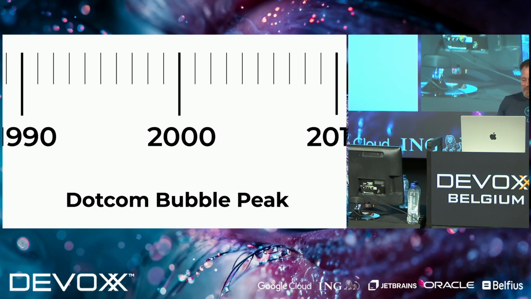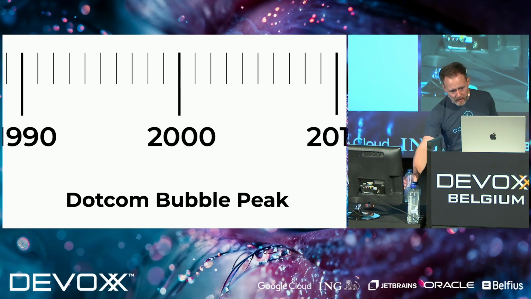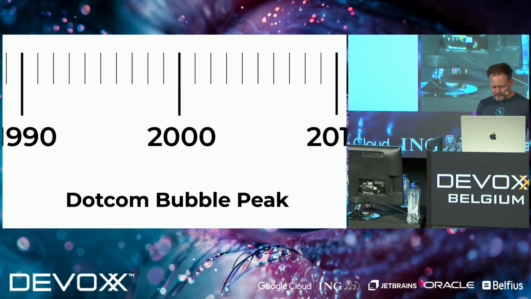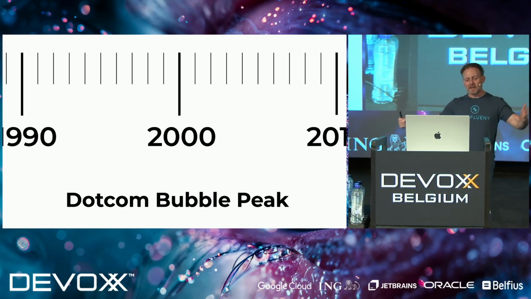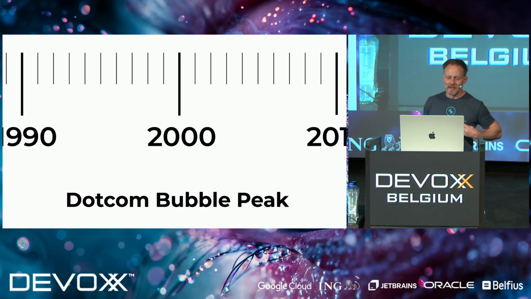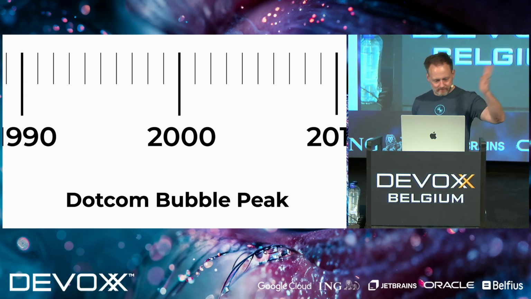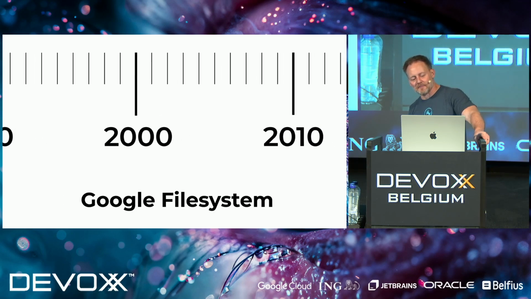So the dot-com bubble bursts. March 10, 2000 is the local peak of the NASDAQ. That's kind of marked as the popping of the dot-com bubble. And it's a dark few years, but things happen.